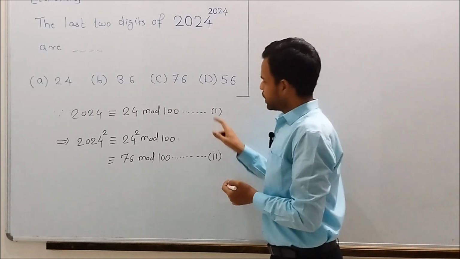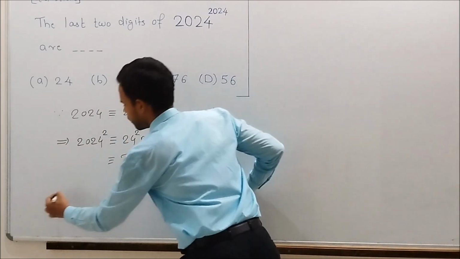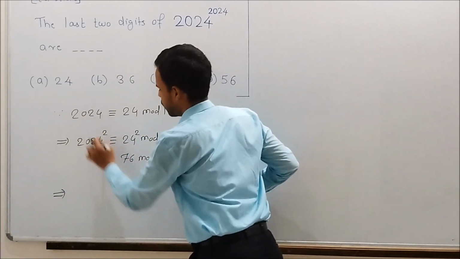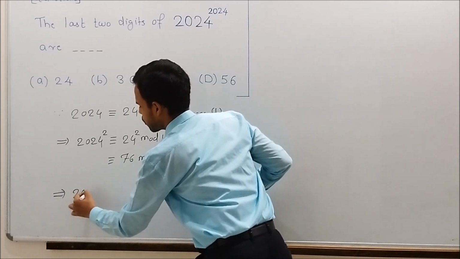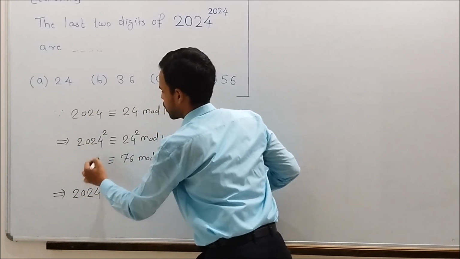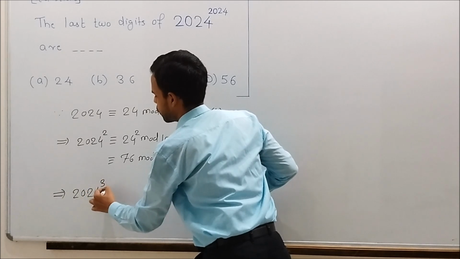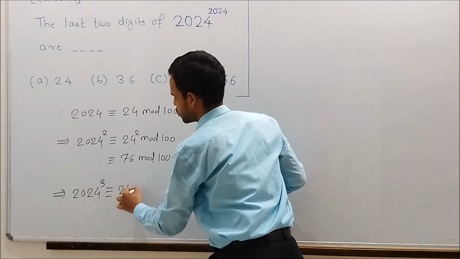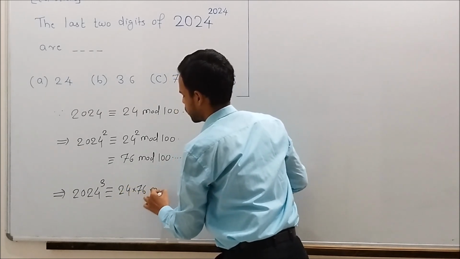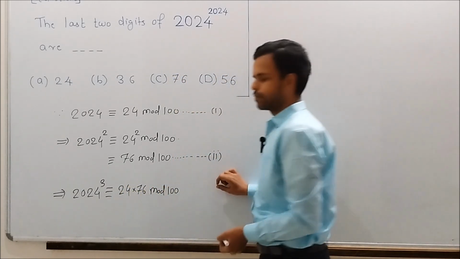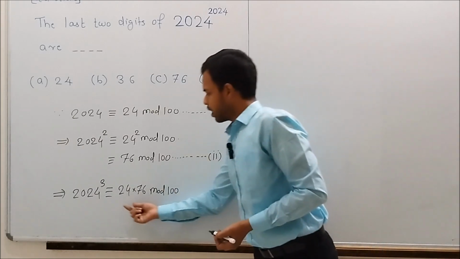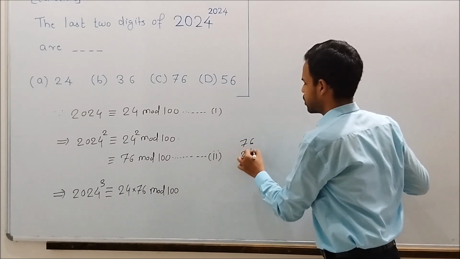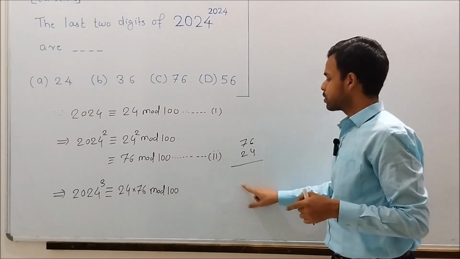Now using 1 and 2, and by properties of modular arithmetic, we have 2024 cubed congruent to 24 times 76 mod 100. We are not interested in this product itself, we are just interested in its last two digits.